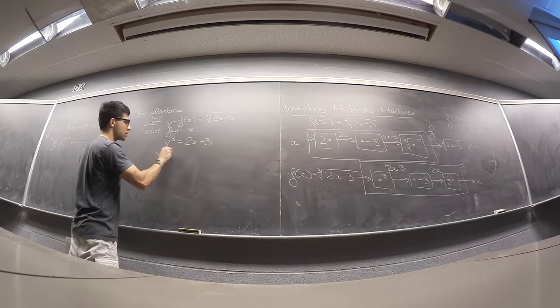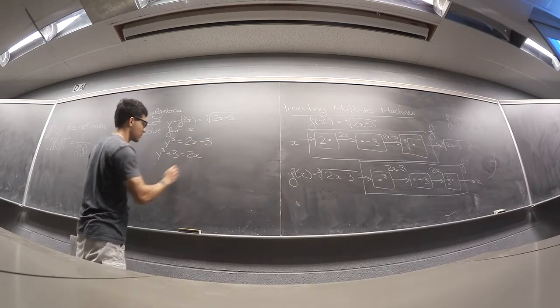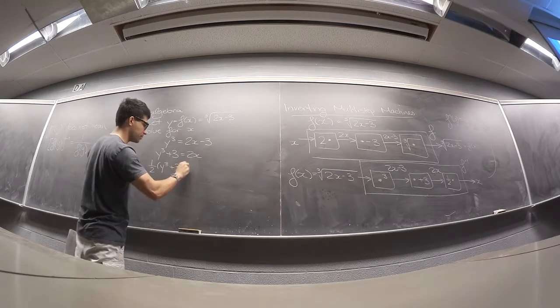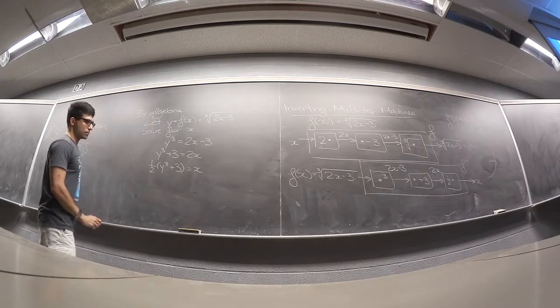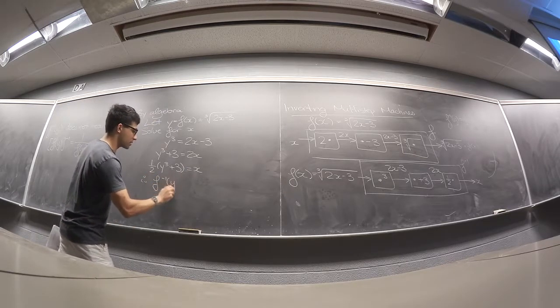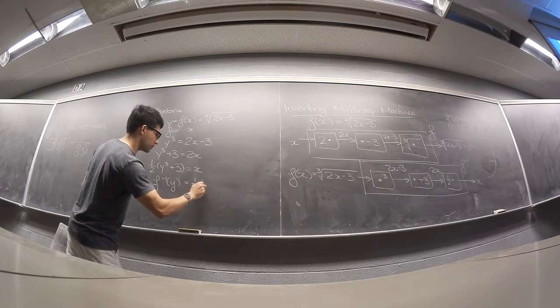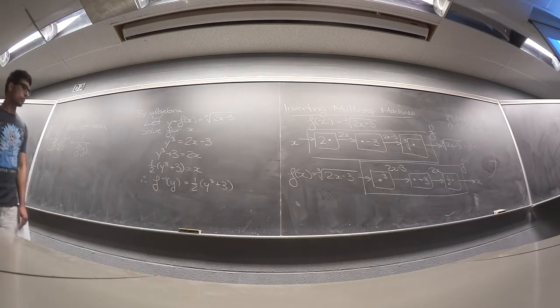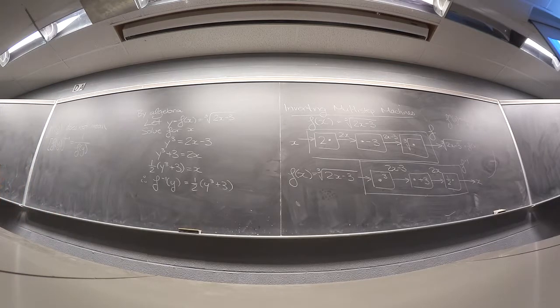Add 3 to both sides. Divide both sides by 2. And that's your inverse. Good? Make sense? We did essentially what we did there, just with algebra.